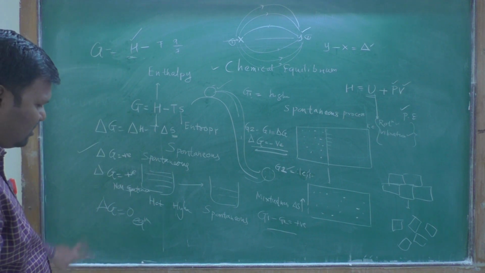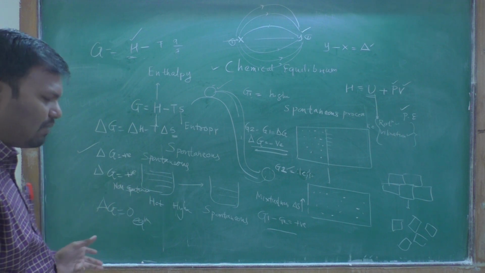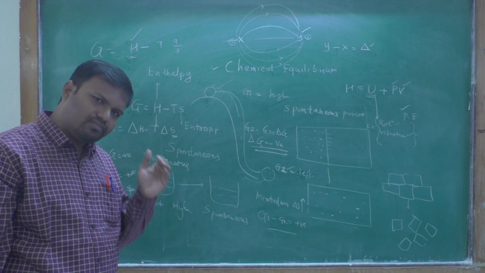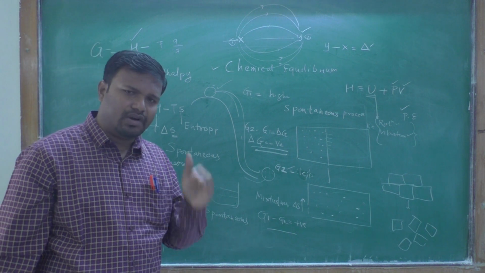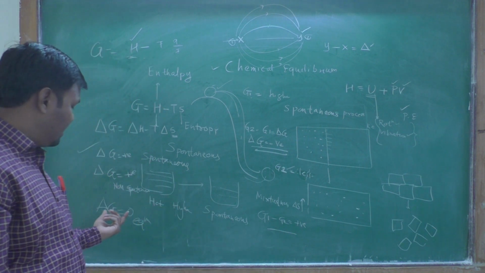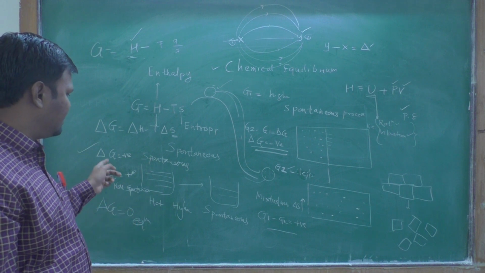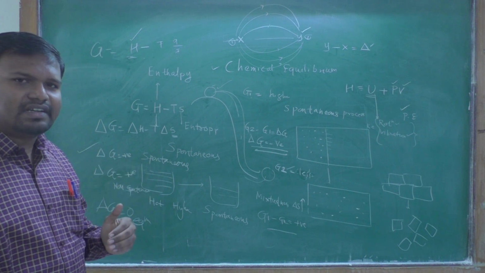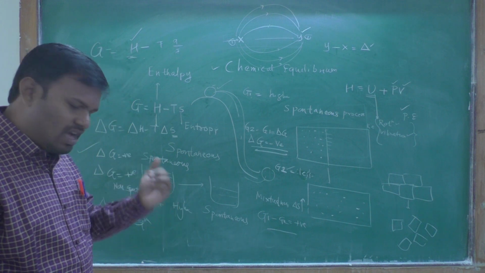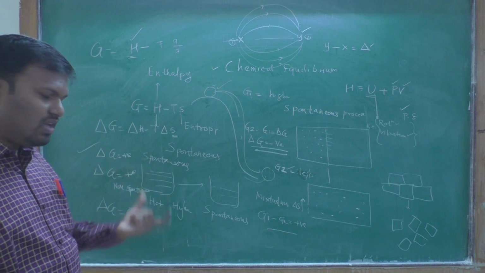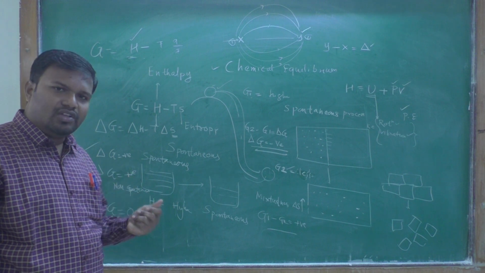At that position, no further reactant is converted into product. When delta G is negative, reactant is converted into product and it will achieve the equilibrium position where delta G is equal to 0.